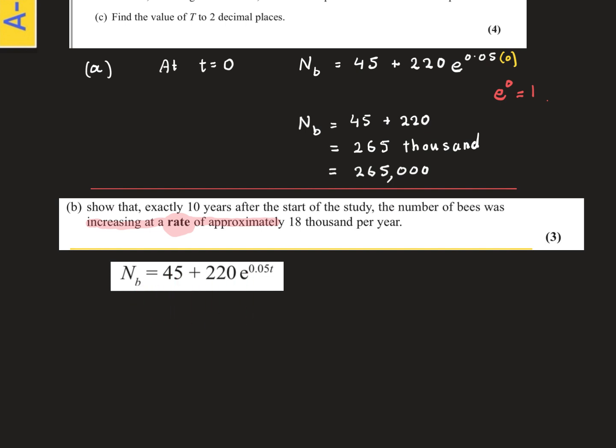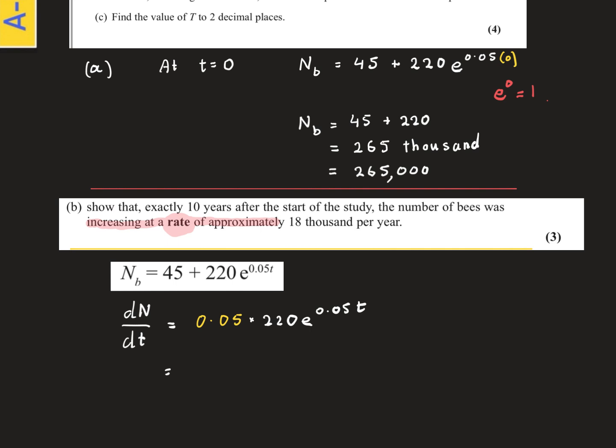So to differentiate this expression, we need to write dn over dt, and we ignore the 45 because we can't differentiate that, but we will differentiate the exponential, so we'll need to write down 0.05, and then we just leave the whole expression once again, so it's 220 e to the 0.05t.